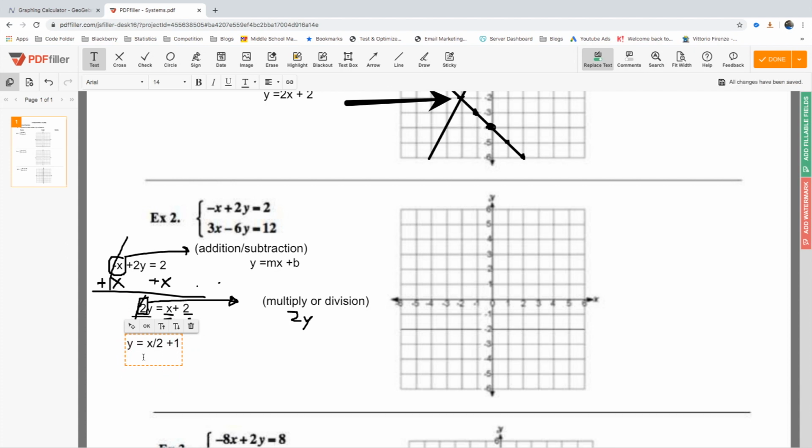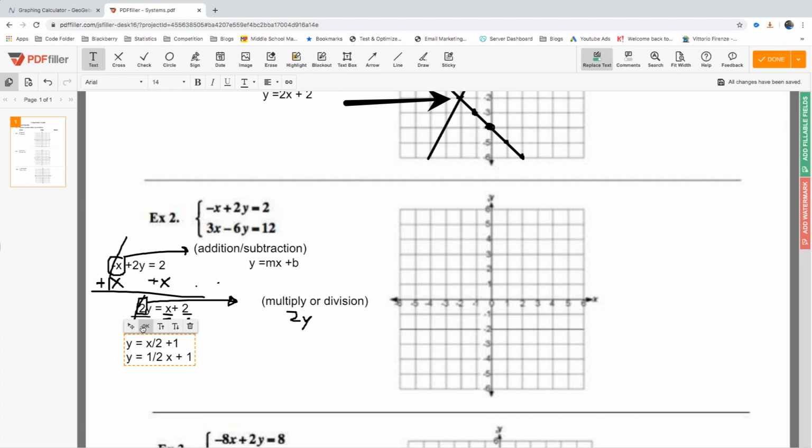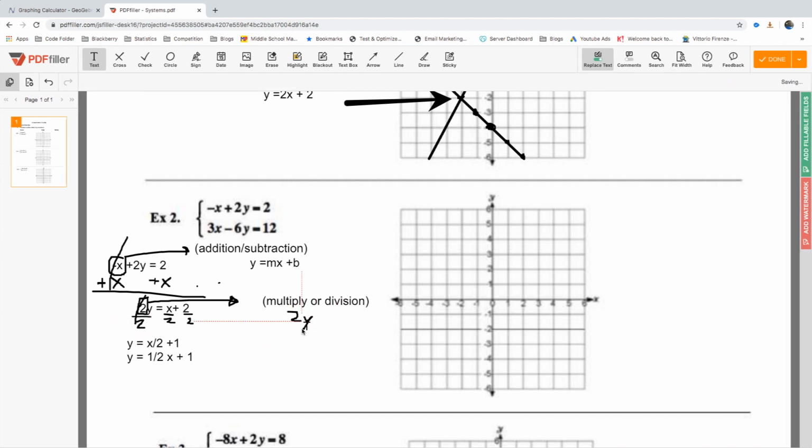Okay, but I like to rewrite that x divided by 2 because it looks weird. The way I like to do that is I'm going to rewrite this as y equals, I shift my x to the right and then make that number in place of x a 1. So it's really 1 divided by 2 or 1/2 x plus 1. So that's my new equation. That is definitely my new equation.